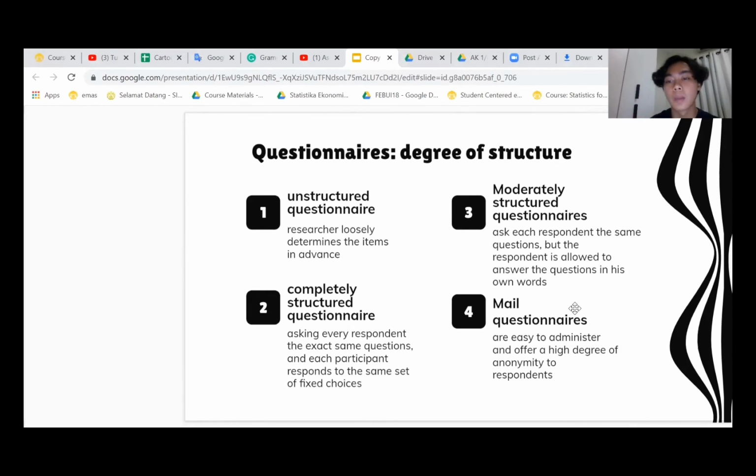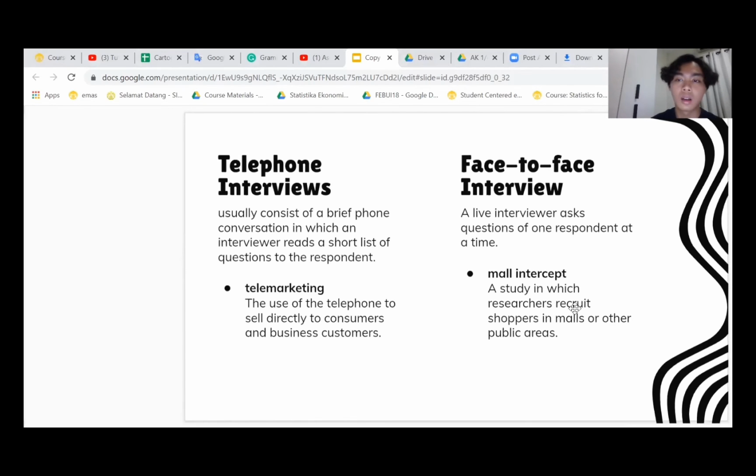And there are mail questionnaires, which are easy to administer and offer a high degree of anonymity to respondents. And then there are telephone interviews, which usually consist of a brief phone conversation in which an interviewer reads a short list of questions to the respondents.